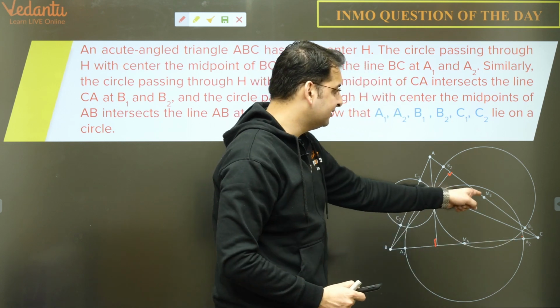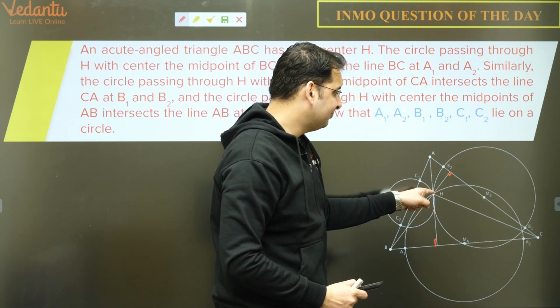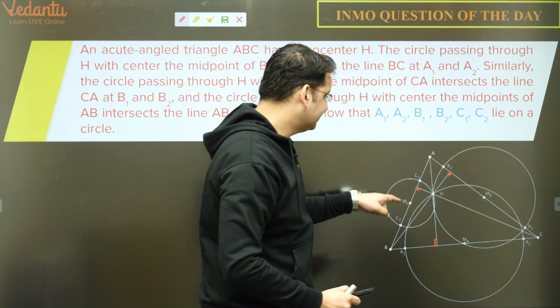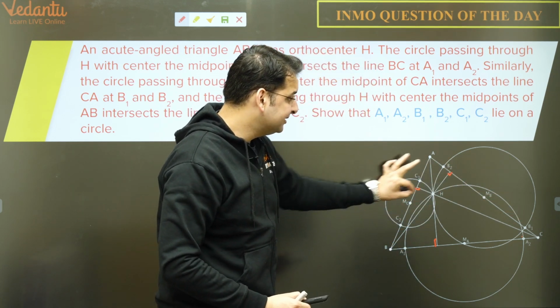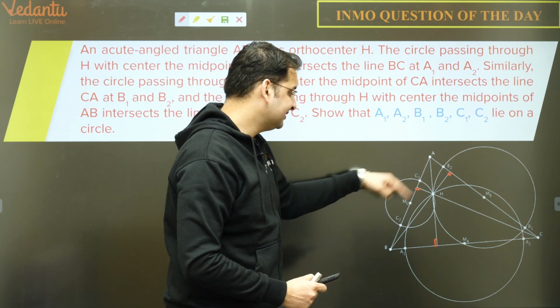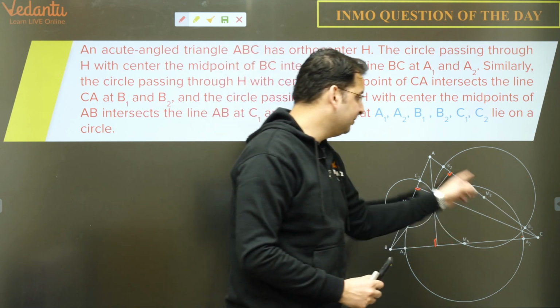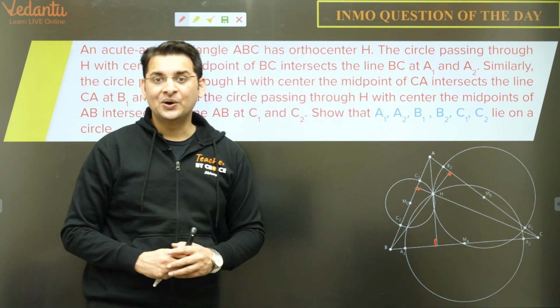Likewise, the circle with center at MB and passing through H intersects line AC at B1 and B2, and the circle with center MC and passing through H intersects the line AB at C1 and C2. We need to prove A1, A2, B1, B2, C1, C2 lie on a circle.